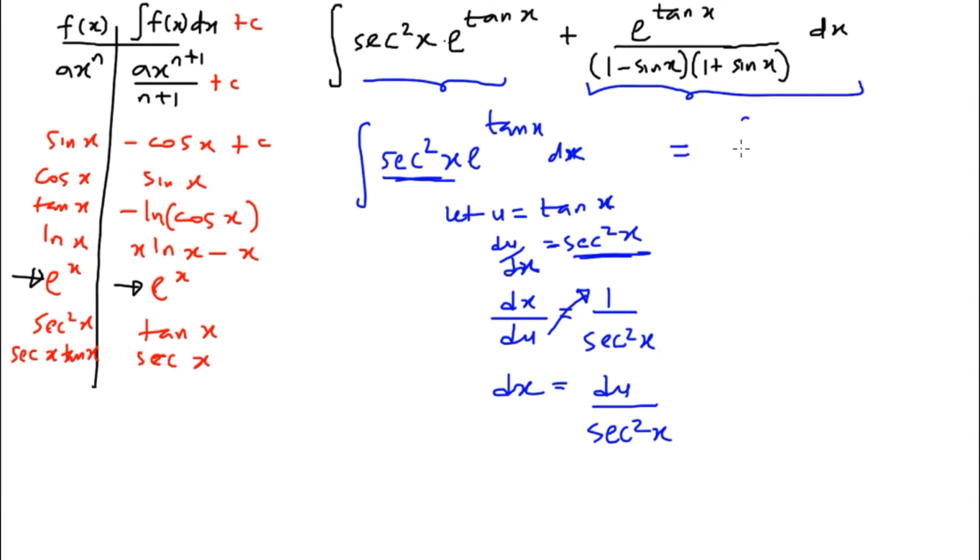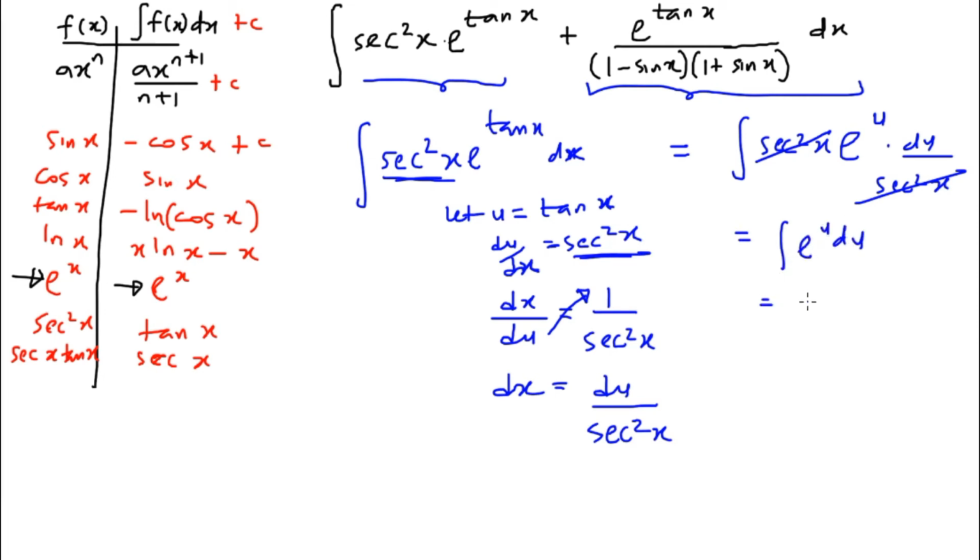That means my integral will now become sec squared x exponential tan x will now become exponential u, and instead of having dx, I will now have du over sec squared x. So of course this will cancel out, so that eventually I'll have the integral of exponential u du, and if I integrate exponential u, I'll have exponential u plus c.